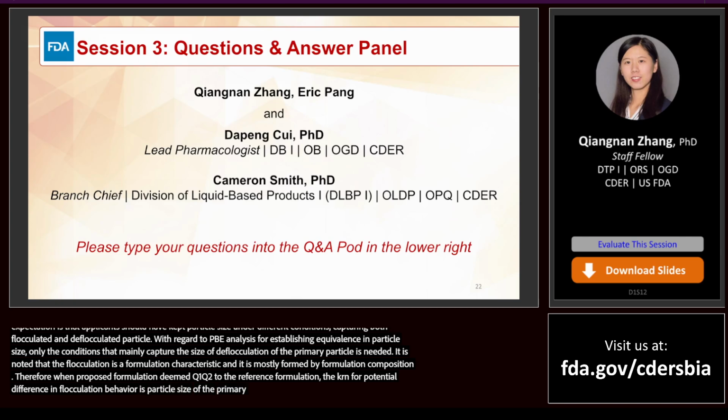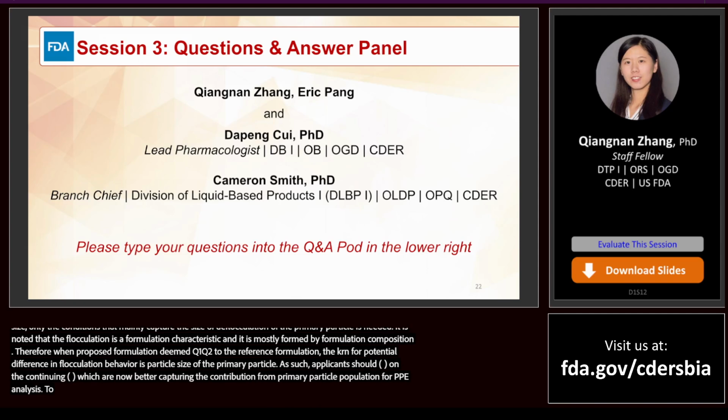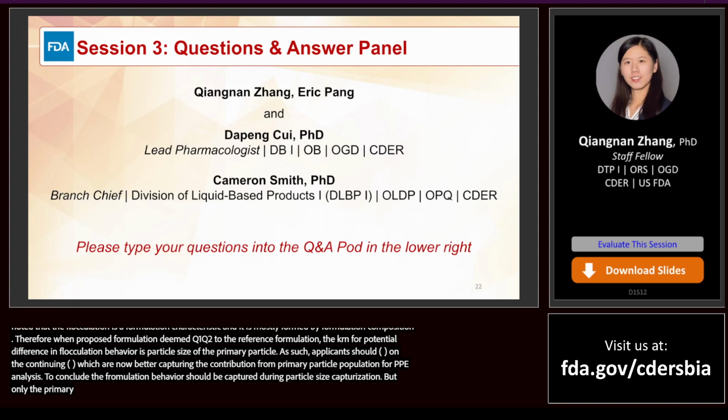As such, applicants should measure the PSD under continuous sonication, which allows better capturing the contribution from the primary particle population for PBE analysis. To conclude, the flocculation behavior should be captured during particle size characterization, but only the primary particle is subjected to PBE analysis.